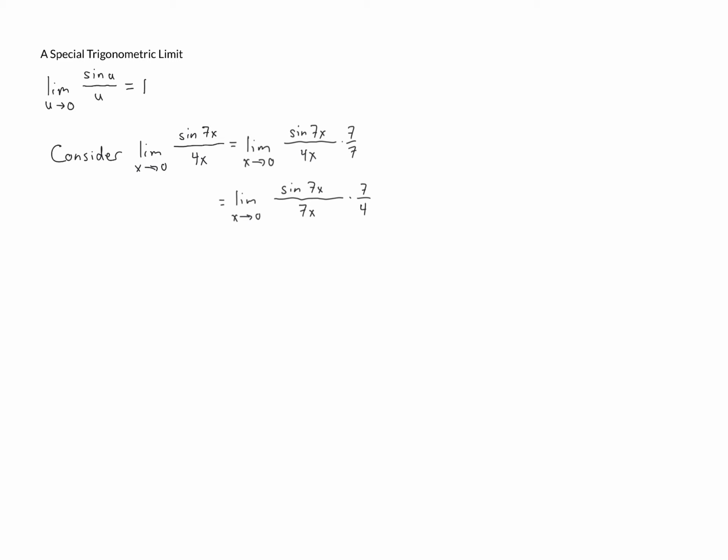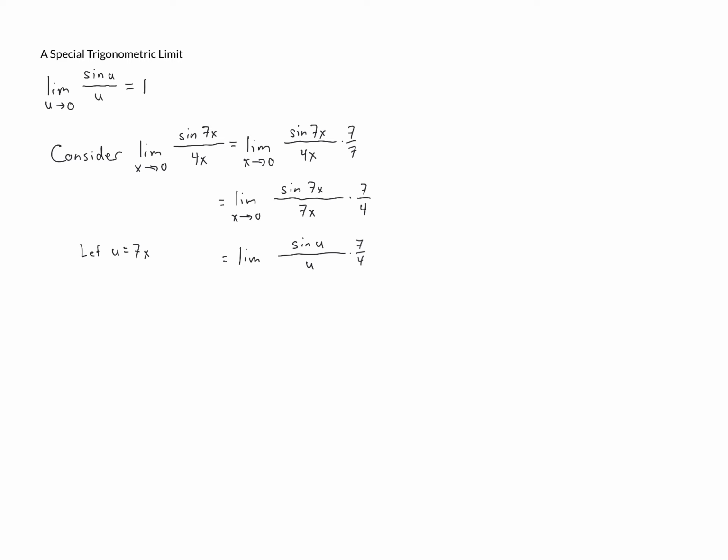The reason that I'm doing that is because now we've got sine of something over that same something, and we can make a substitution here. If we let u equal 7x, then we can rewrite this fraction as sine of u over u, and this is still times 7/4. Now the original limit was looking at x approaching 0, but if u equals 7x and x approaches 0, then u is also going to approach 0.